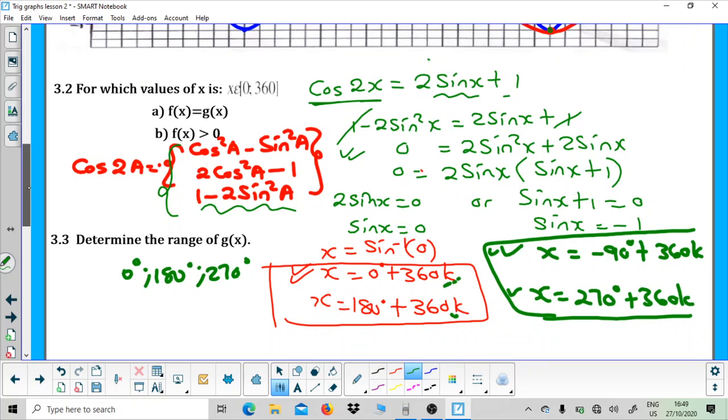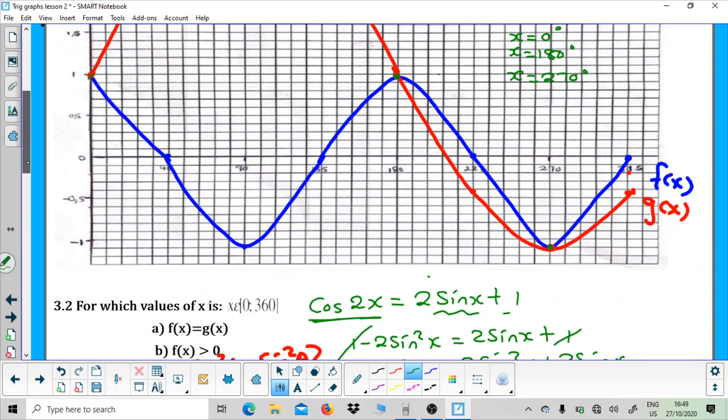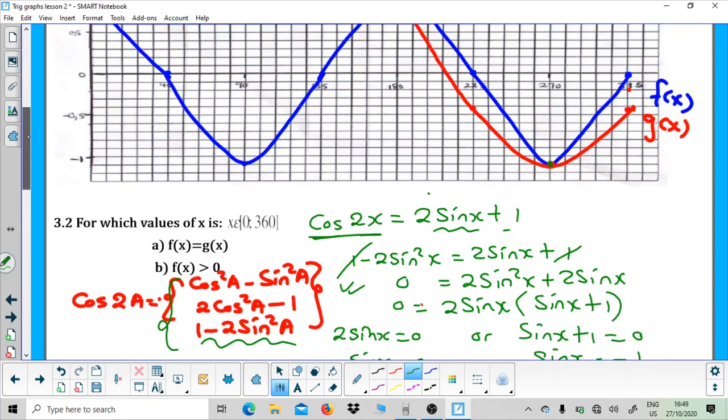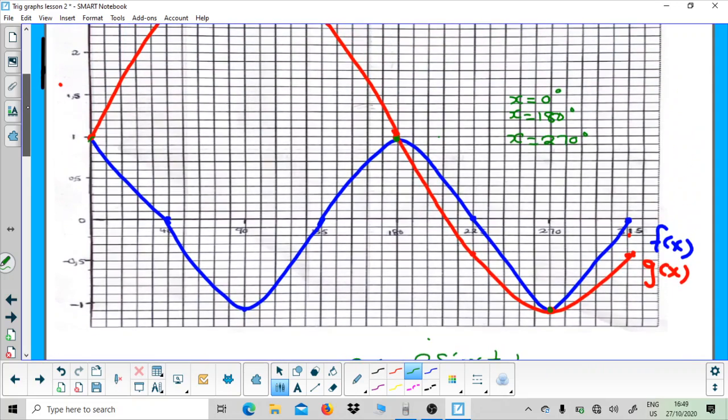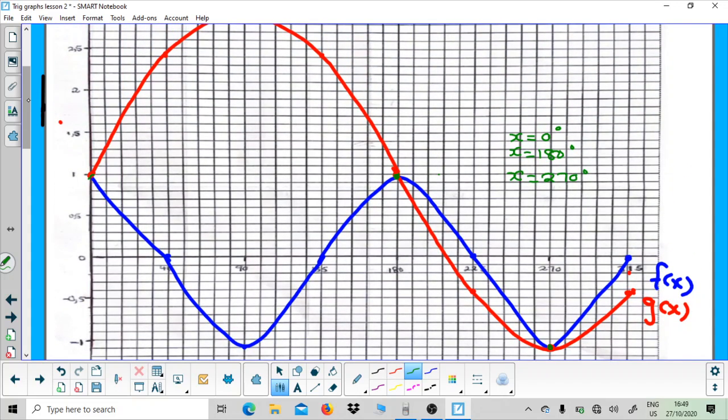As for f(x) is greater than 0, I think we talked about it too many times. You just find a time when it is above the x-axis. f(x) happens to be the blue graph in our situation. I am seeing quite a number of times, or 2 times, when it is from this x value backwards. You can see it is above the x-axis. So I would just say between 0 and what is this number?